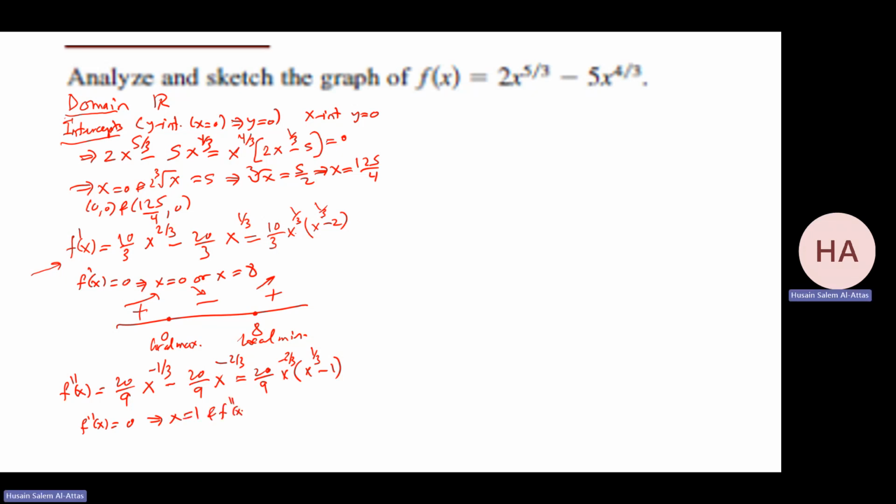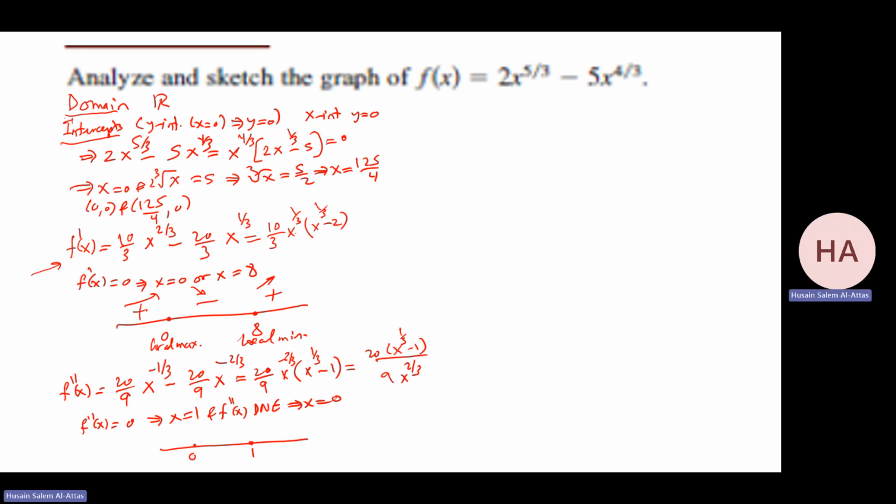And also if f double prime does not exist, that implies x equals 0. So I need the 0 and the 1.